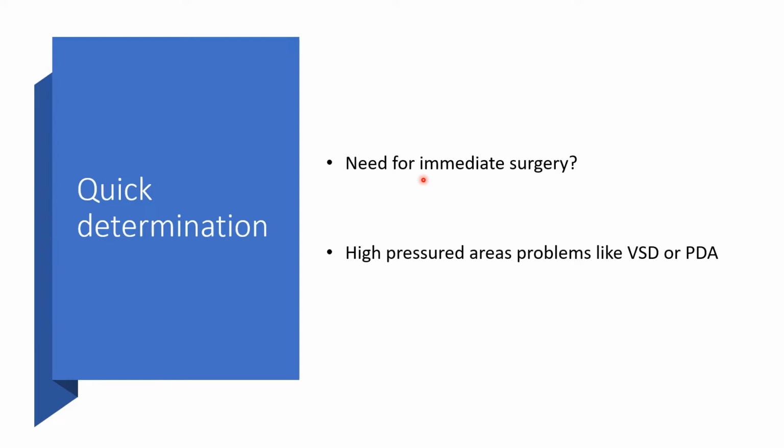And the right-sided native valve will require immediate surgery when there's large vegetation, or we are faced with recurrent pulmonary emboli, or we are faced with resistant bacteria and bacteremia. Ventricular septal defects or patent ductus arteriosus are high pressure areas that must be fixed.